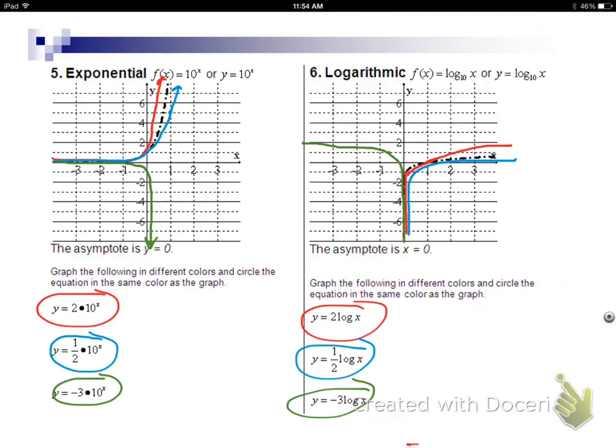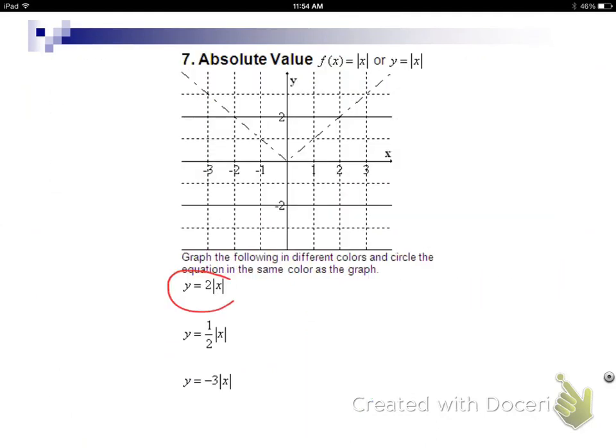Okay, and I think that this one should actually go a little bit more right here. Okay, and then the last one, so make sure you've got these down, and then the last one is absolute value.